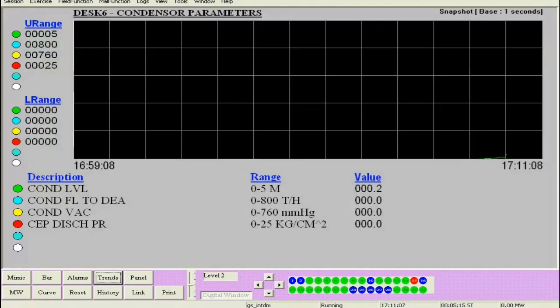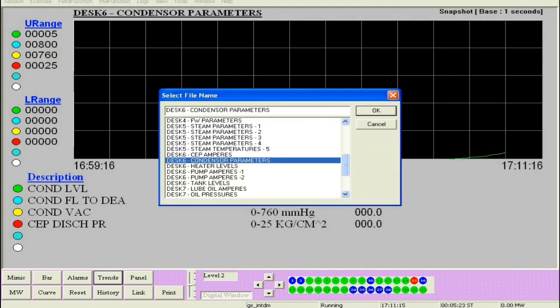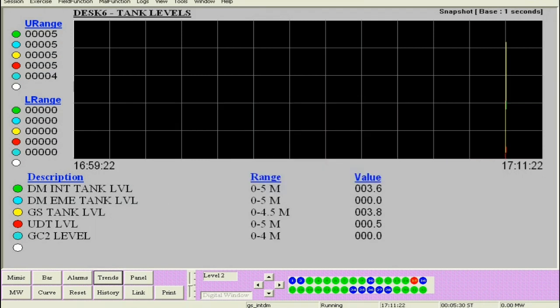You can see the levels on the trend page also. On the trend page you will see the condenser level slightly increasing. You can go to the tank levels also, where you will see the other tank levels. The DM emergency tank level is also increasing. The UDT level is also increasing. So all these tank levels are increasing.